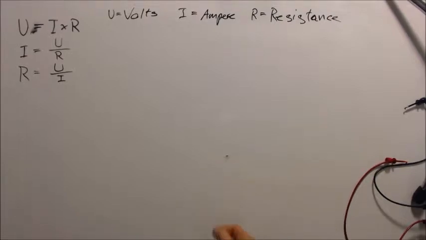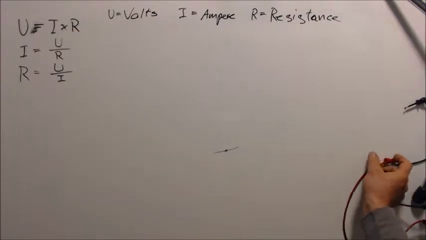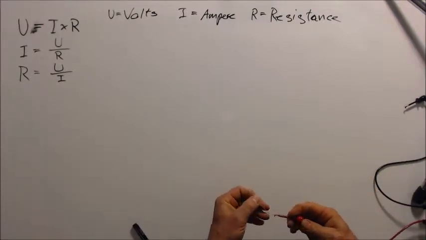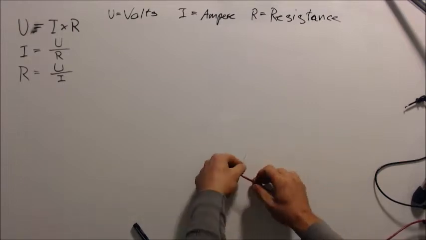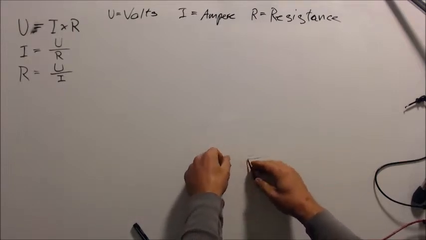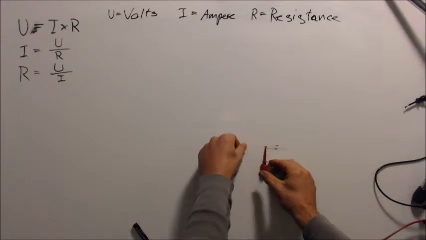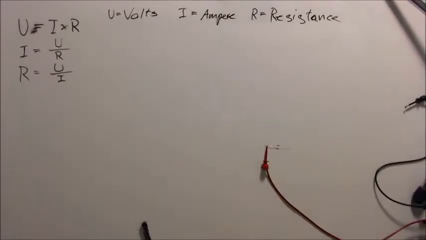I've got a little resistor here. I know that's very small, but let's put some power on it. And this little guy here is a 1.5 kilo ohm resistor.